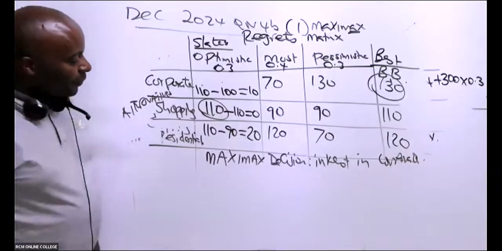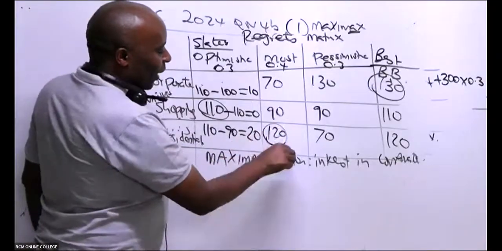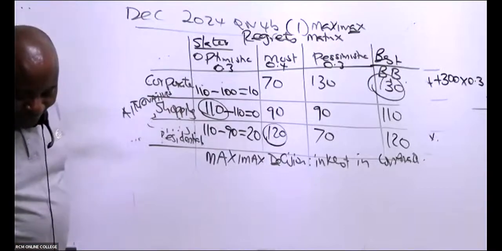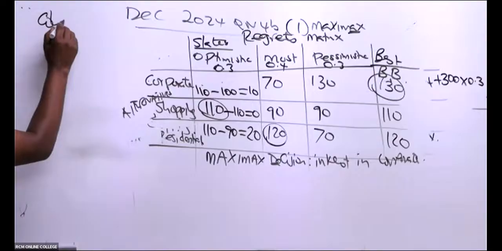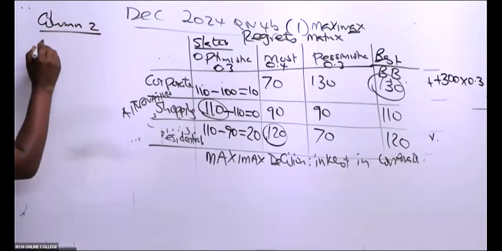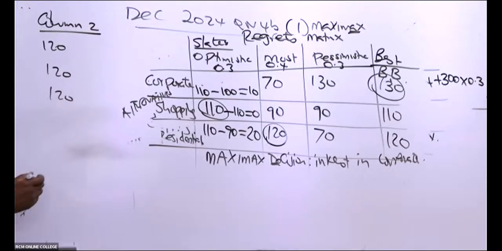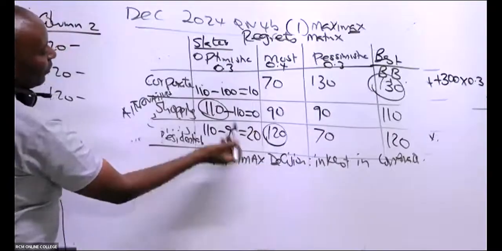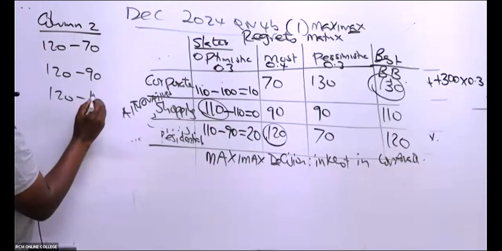So then the very best in this case here is what here, somebody? 120. So meaning that my column number two, please listen to me very well, shall behave like this. I will have 120, 120, 120 for column number two. And then I say minus what I got. So for column number two, what have I gotten here, somebody? 70 and then 90 and then 120.